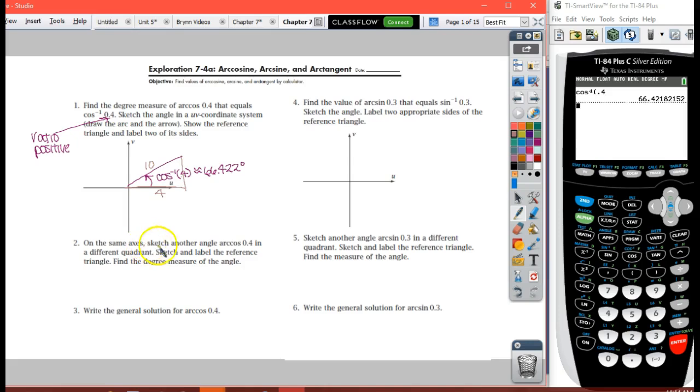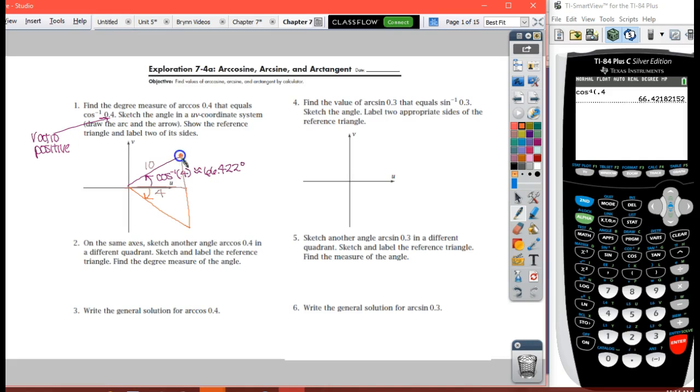The second one is asking us to sketch another angle for arc cosine of 0.4 in a different quadrant. So remember that arc cosine wants to find multiple angles where the ratio is 0.4. And so since my ratio is positive, I know that cosine is positive in the first and the fourth quadrant. And so I'm going to go ahead and draw in another angle, which puts me down in the fourth quadrant.